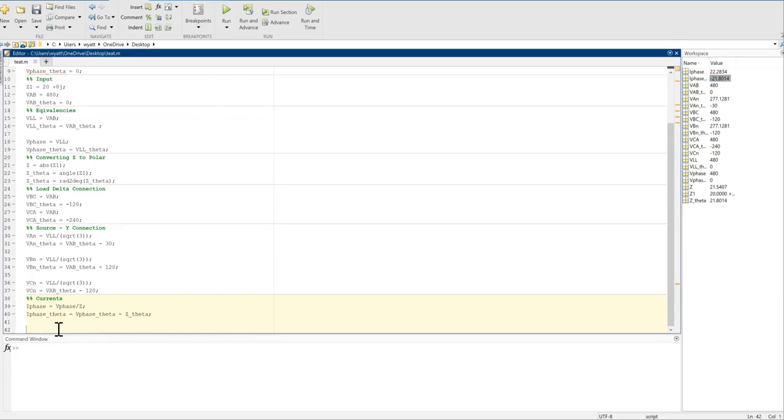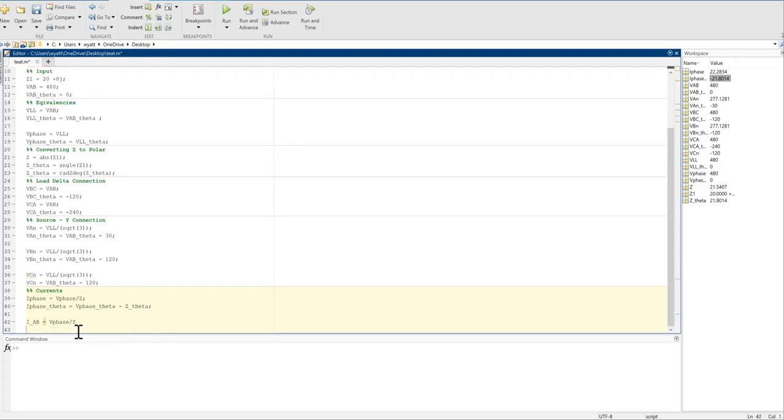So now we need to get the angles of the currents of our delta connection. IAB is going to be equal to V phase divided by Z, exactly the same calculation as before. The only thing that's going to change is the angles shifting.